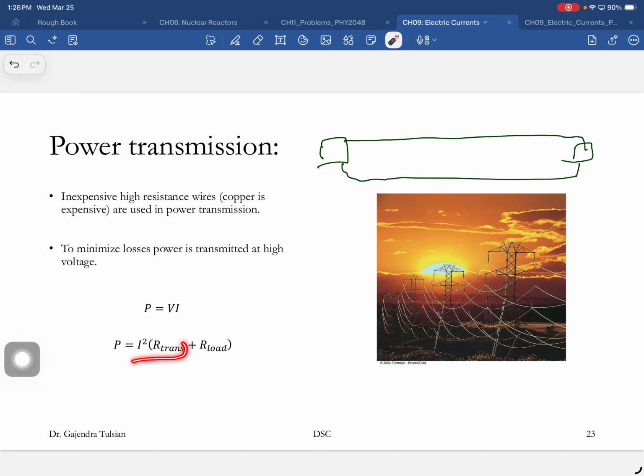What is happening to this guy? That's the resistance of this transmission line. What is this transmission line doing? Just converting it into heat. So this is wasted energy.